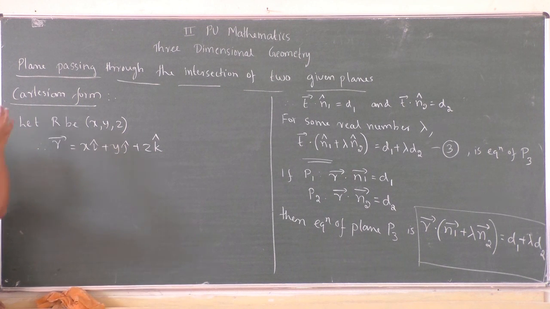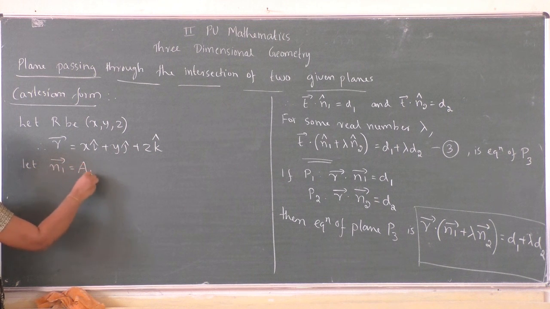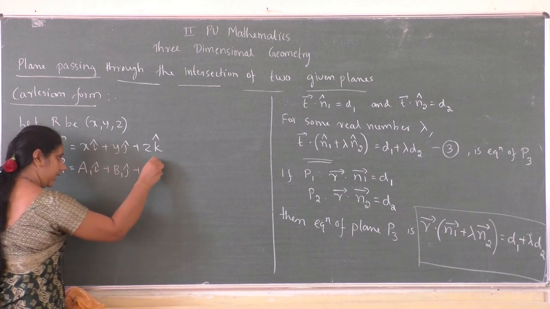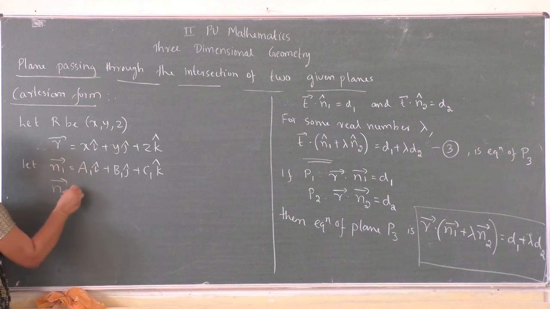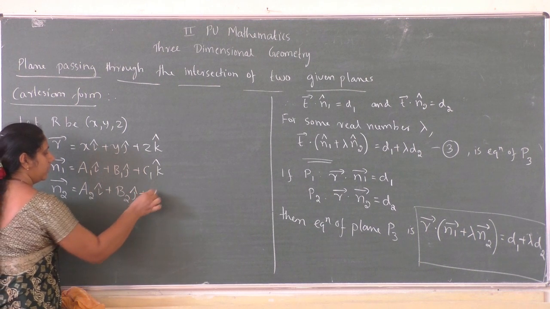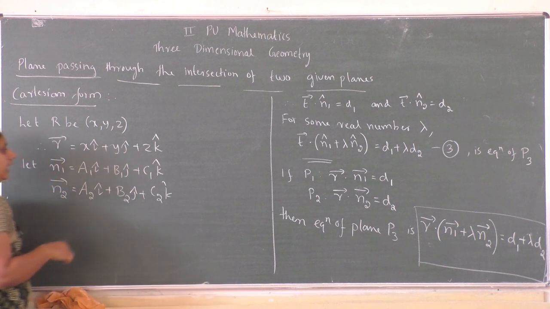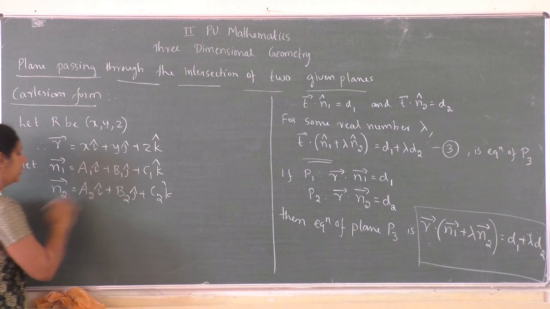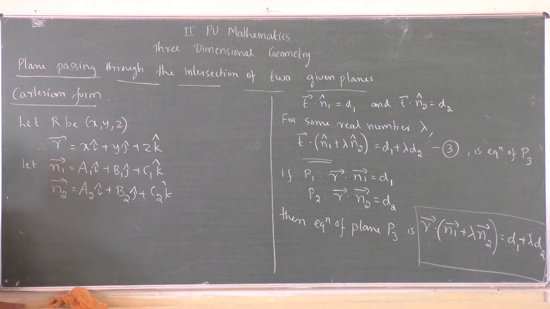Then here we are taking an arbitrary point, so R vector can be written as xi cap plus yj cap plus zk cap, and let n1 vector be a1 i cap plus b1 j cap plus c1 k cap, whereas n2 vector is a2 i cap plus b2 j cap plus c2 k cap, where a1, b1, c1 are the direction ratios of n1 vector and a2, b2, c2 are the direction ratios of n2 vector.